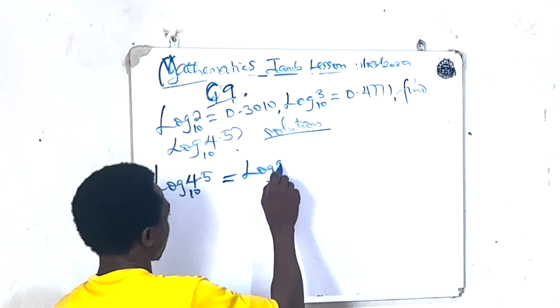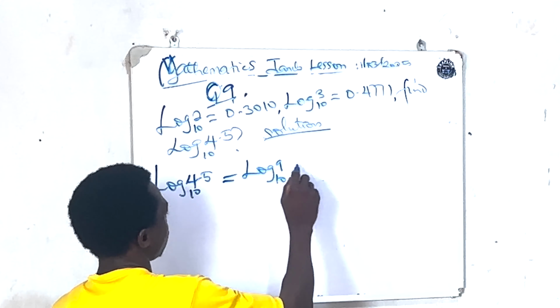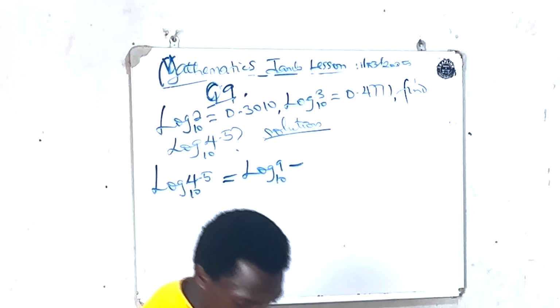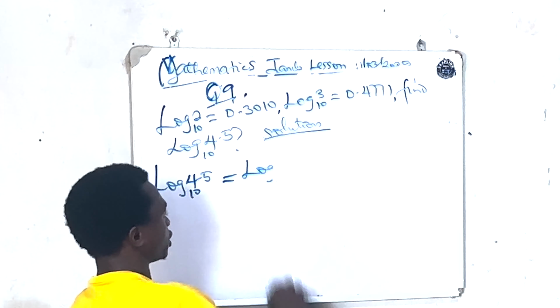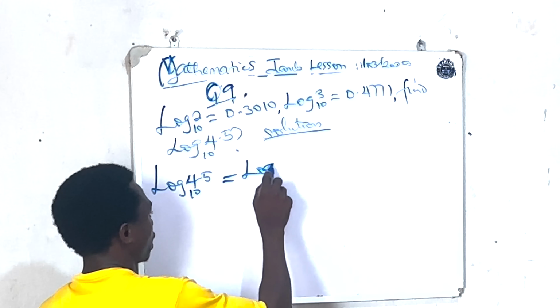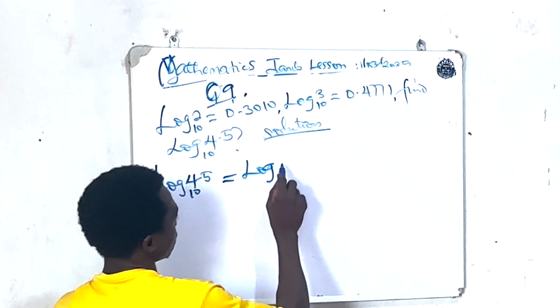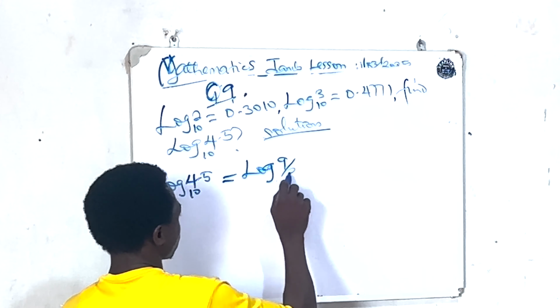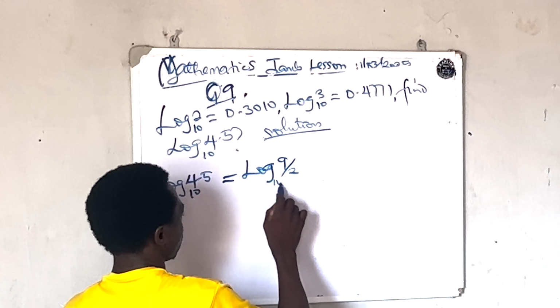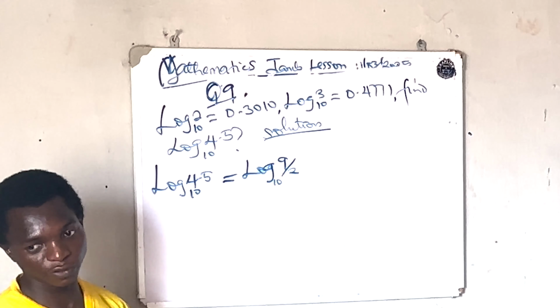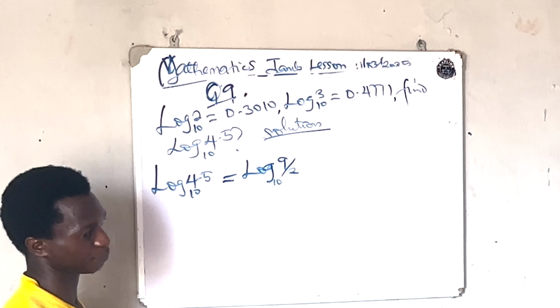log of 9 in base 10 minus... or let's first arrange it in this way. Remember we say log 4.5 is the same thing as log 9 over 2 in base what? In base 10. Now this is a division law of logarithm.